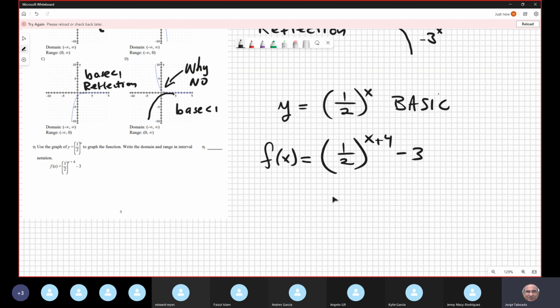It's 3 down. Yes, you are right. 3 down. This 3 indicates a vertical shift. 3 units down.